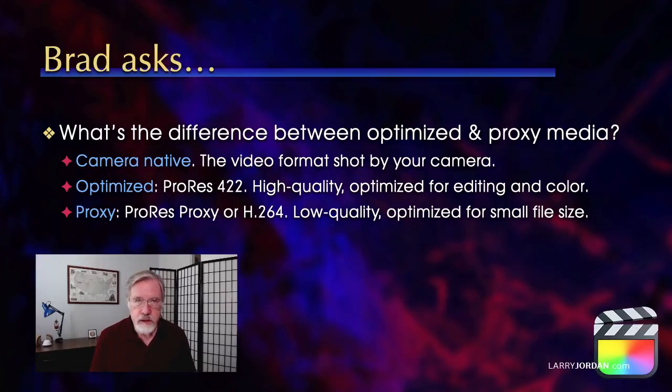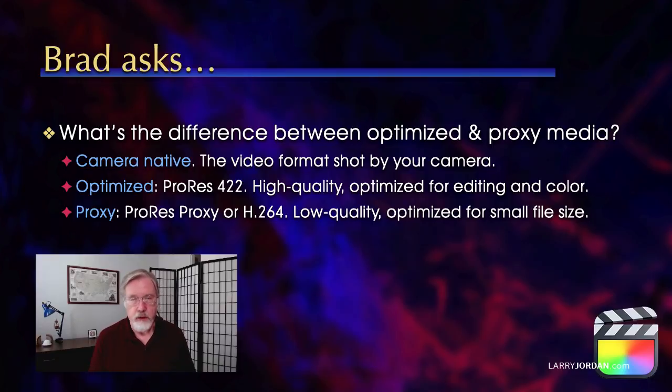The big reason that we use proxy files is that we can load all of our media into a fraction of the space of camera native or optimized, store it to a smaller hard disk, and edit it on slower equipment or laptops or out in the field without having to lug a whole lot of other equipment, especially storage, with us. The downside is it doesn't look as good.